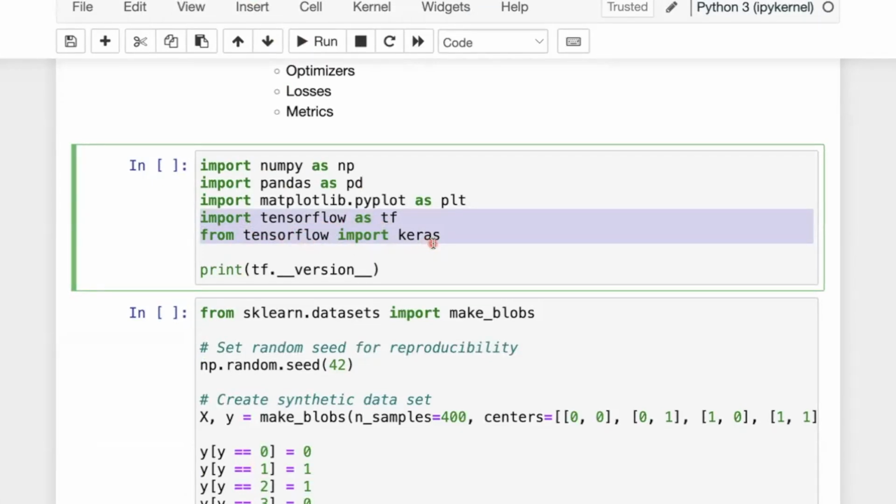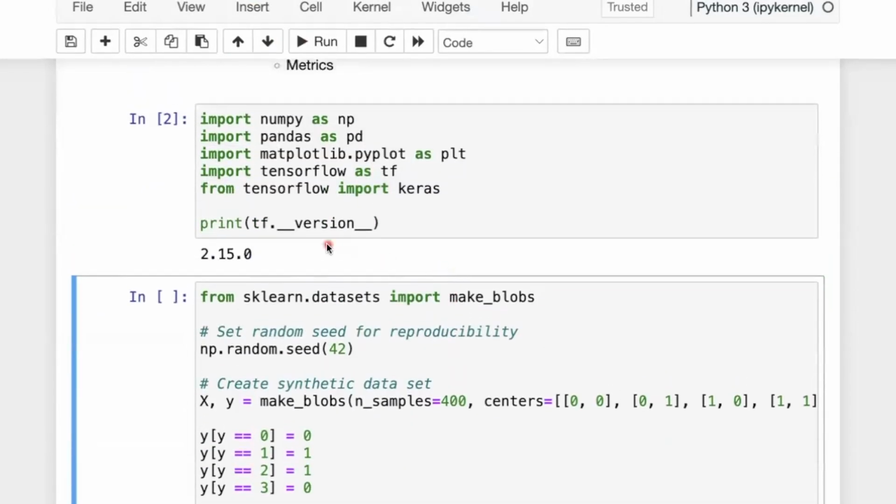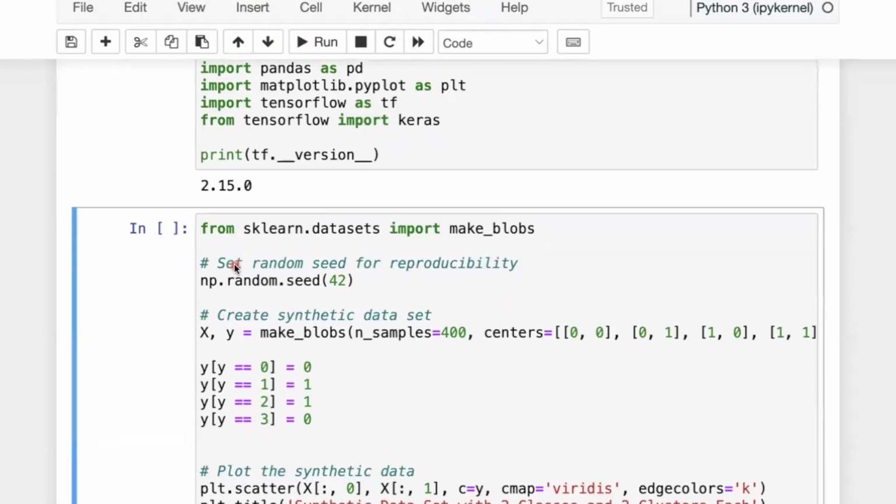Remember, Keras is a part of TensorFlow. It's always a good idea to print the version of TensorFlow that you have, because these things get updated very frequently. The version that I have right now is 2.5.0. As long as you have a version that is this one or newer, it should be totally fine.